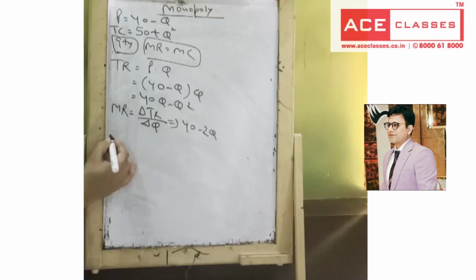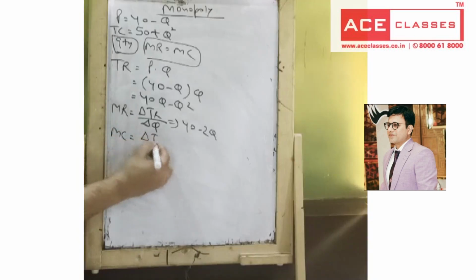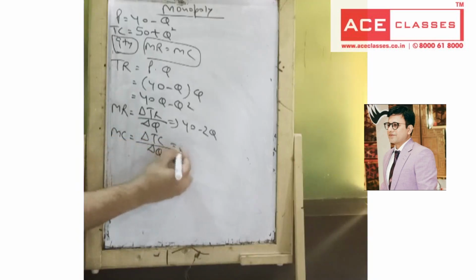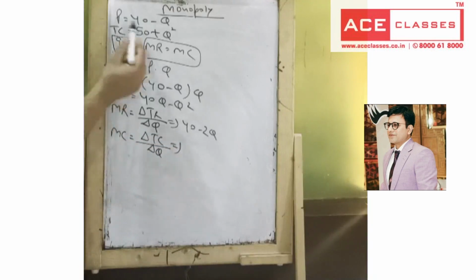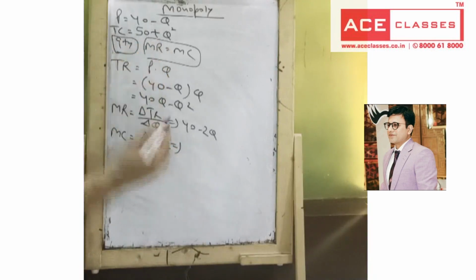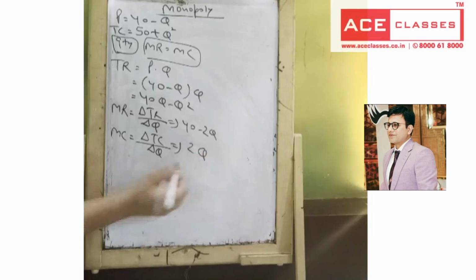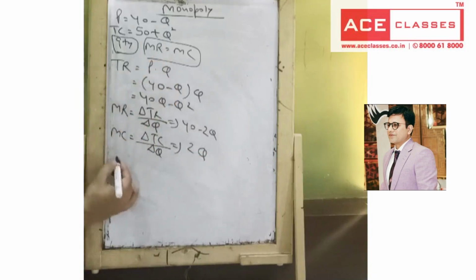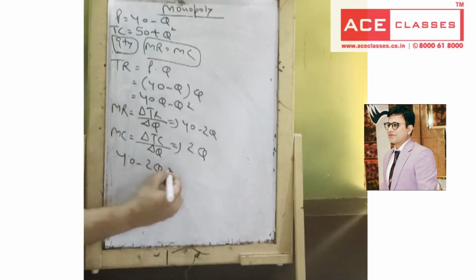What about MC? Well guys, MC is change in total cost with respect to change in quantity. So I am gonna differentiate this total cost function with respect to quantity and I should be left with 2Q. Now using this MR equal to MC, what I have here is this, and solving it further shall give us quantity as 10.